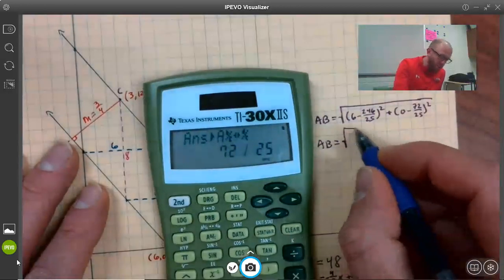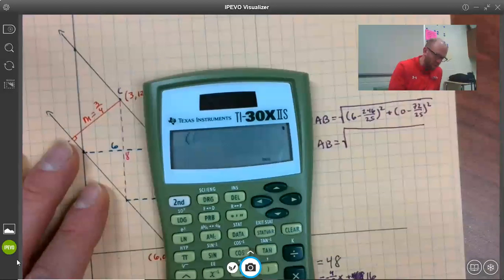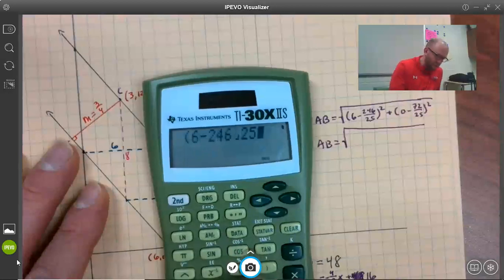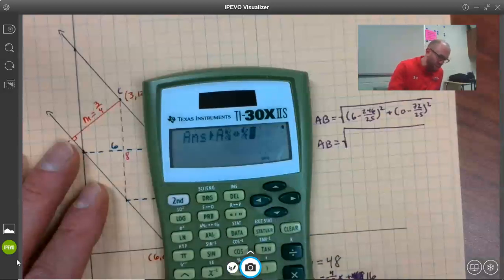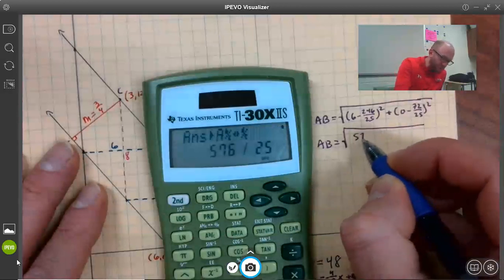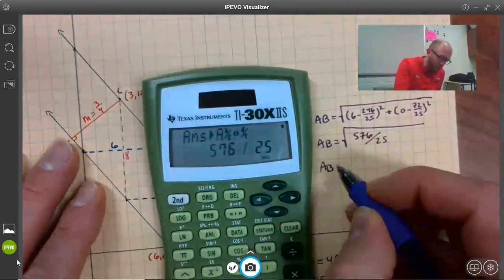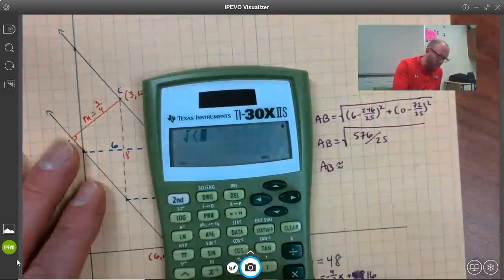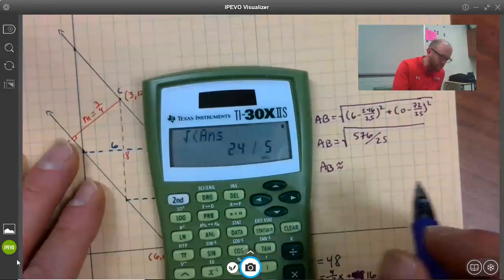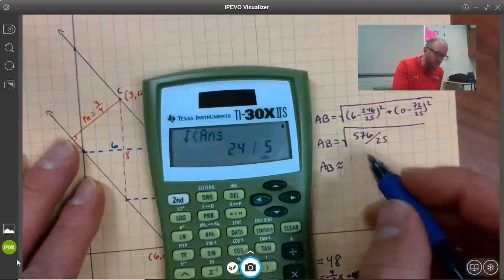So we have 6 minus 246/25, squared, plus 0 minus 72/25, squared. That gives us 23 and 1/25, which is 576/25, and the square root of that is, exactly, 24/5.